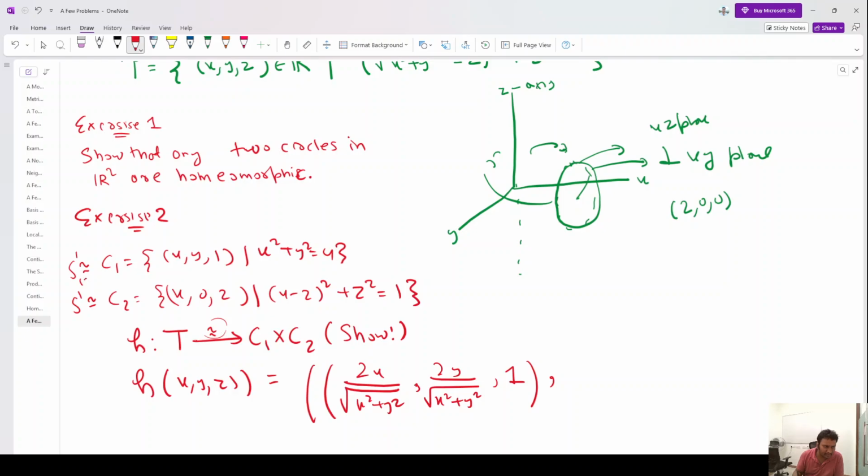This also you have to show. It's not very hard. Just see this component is fixed. Okay. I think this should work. If it doesn't, you may see why not.